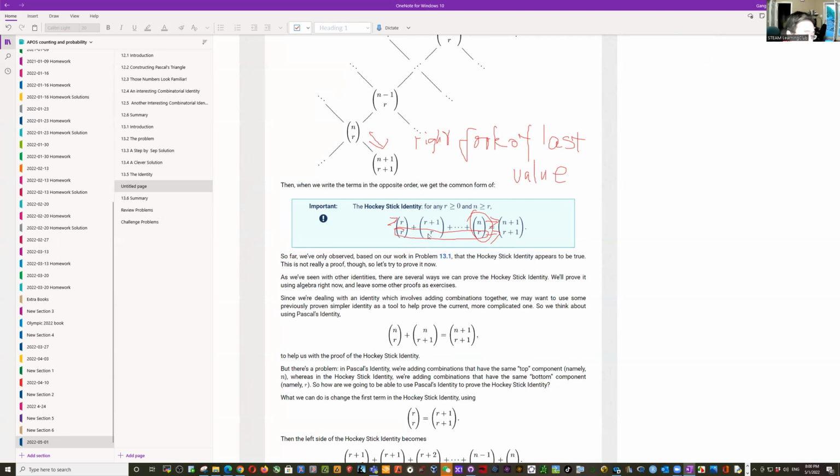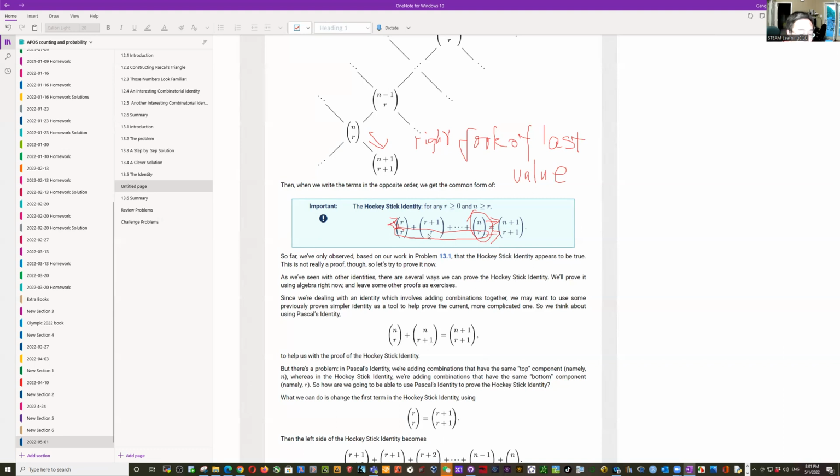So how do you identify a hockey stick? On the addends, because it's left forking, the lower value stays constant. Then the layers start from that value at the top and go all the way down. The sum, where's the sum? The sum is the right fork of the last number, where the layer adds 1 and the lower number adds 1.